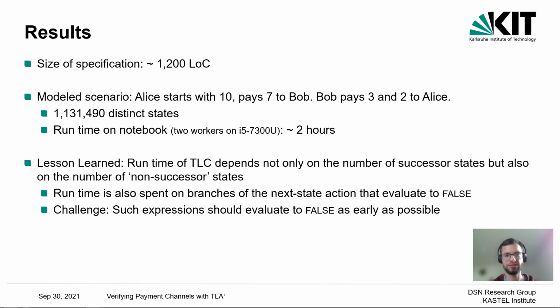And then Bob simultaneously pays 3 and 2 coins to Alice. And for this scenario, well, the good news is that the security property is actually fulfilled. And we needed to look at a bit more than 1 million distinct states. And the runtime on a notebook is about 2 hours.